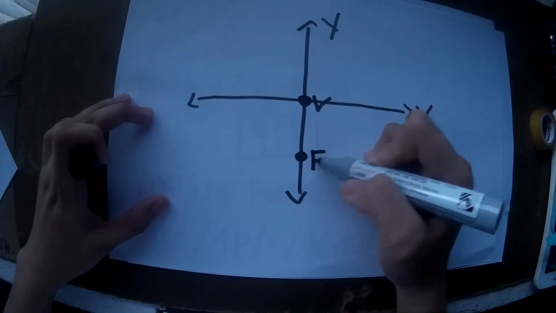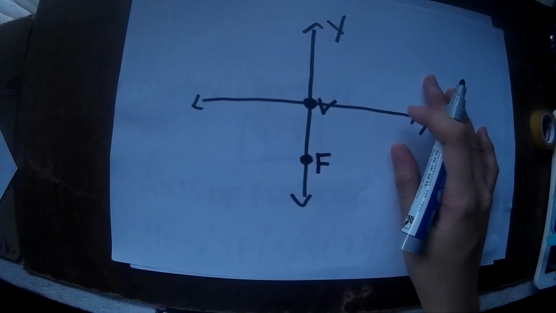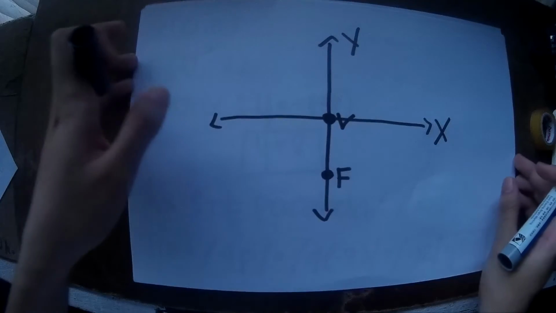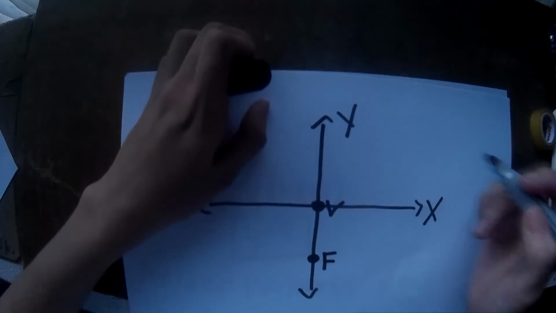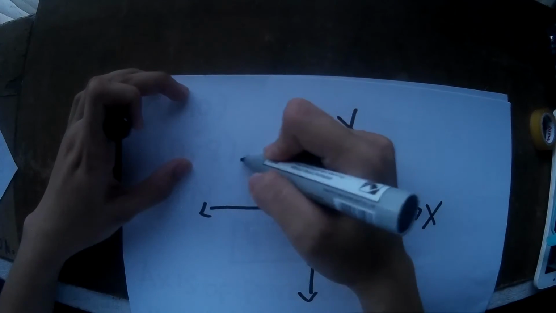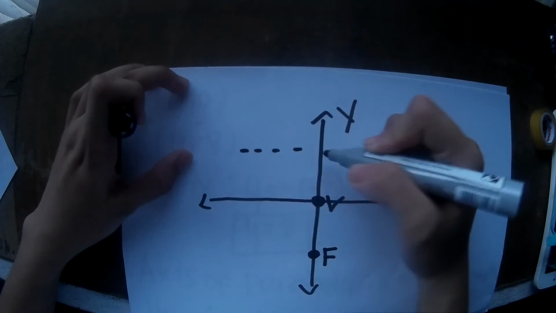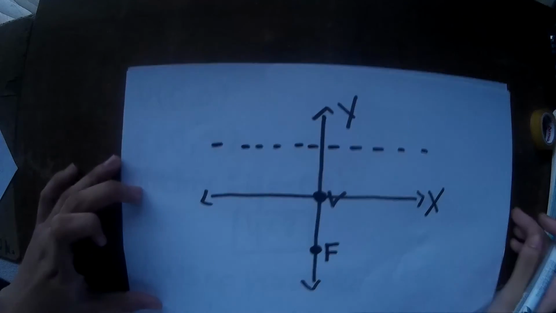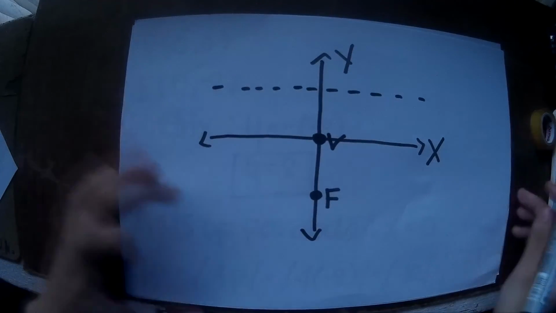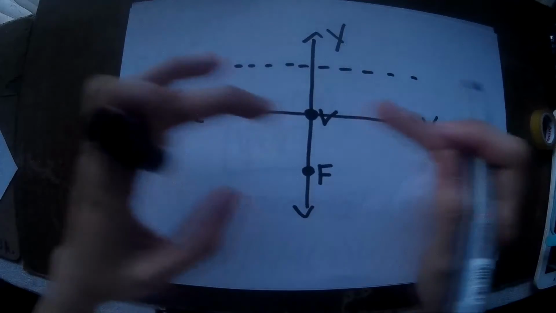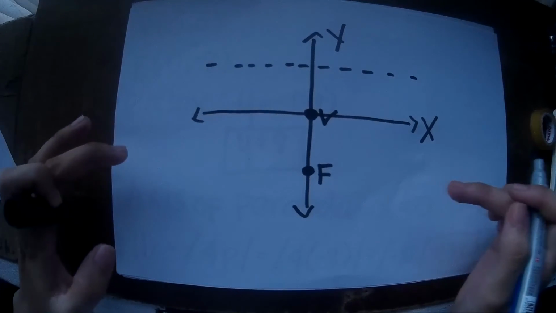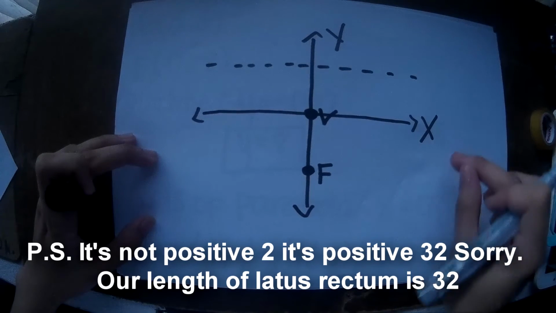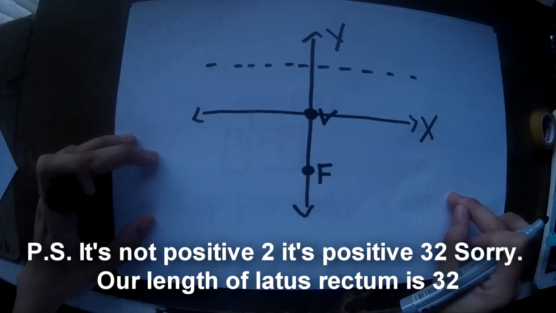And then the next thing is our directrix. We all know that our directrix is positive 8, so it's going to be somewhere here, like this. Now, our latus rectum tells us how wide our parabola is. So it's 32. 32 divided by 2 is equal to 16, right?